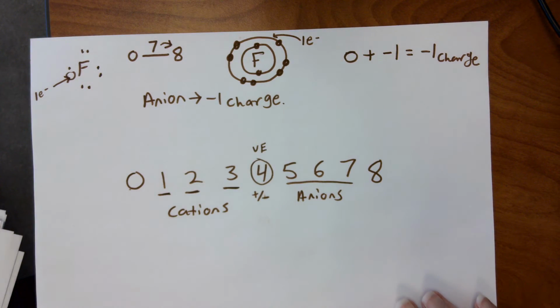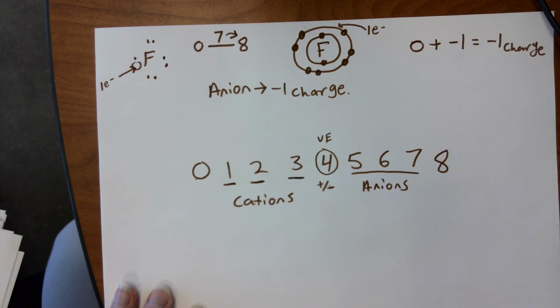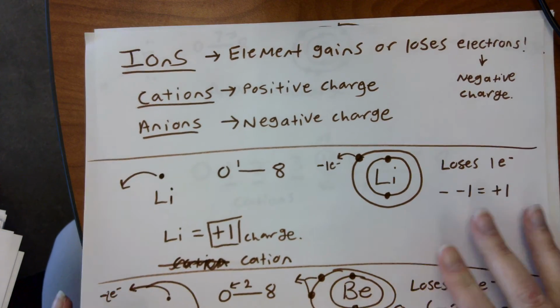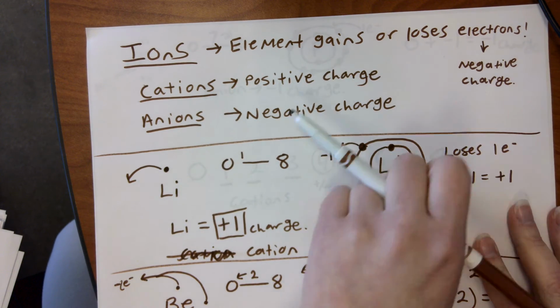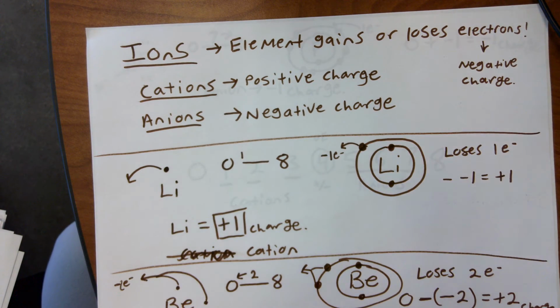So, quick review. Anions and cations are just versions of elements that gain or lose electrons to fill up their valence electrons or have a completely filled outer shell. Okay?